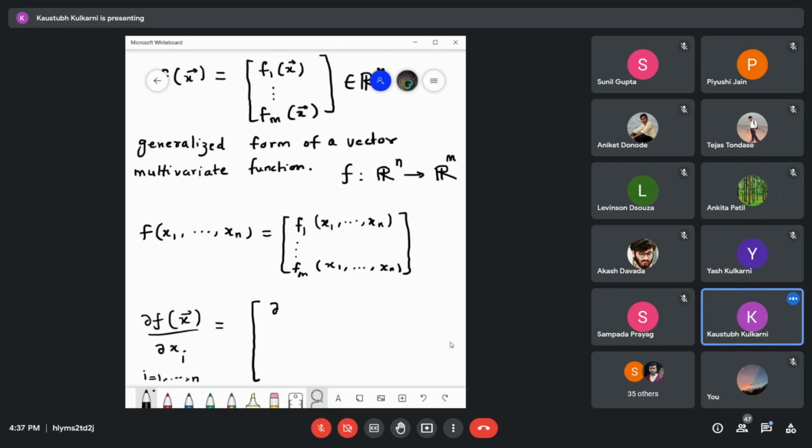That is, the derivative of f1(x) with respect to xi up to the derivative of fm(x) with respect to xi, partial derivative, because f1 to fm have all these variables x1 up to xn, and we are just picking one of them, xi. It can be any one, x1, x2, any one, and we take the partial derivative of each of these functions.